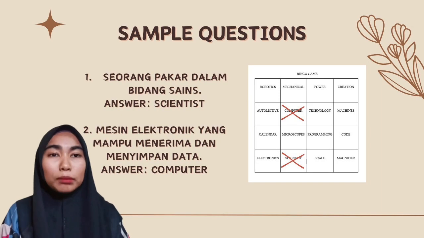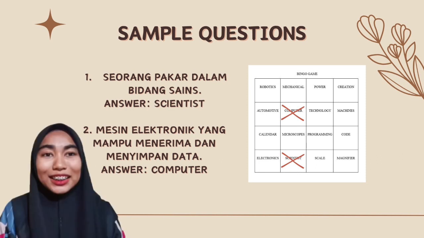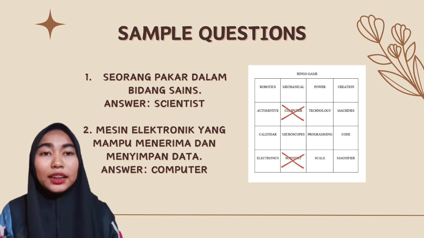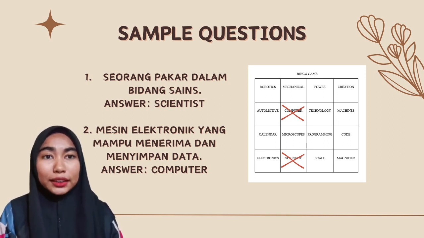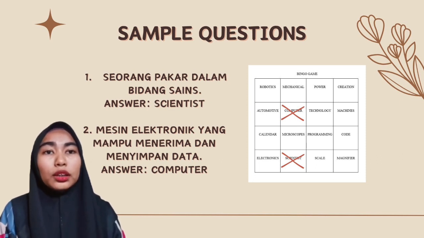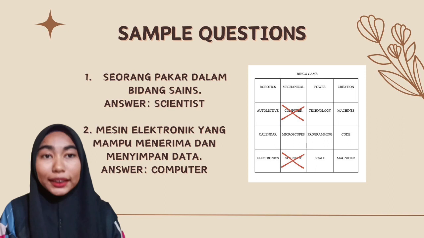Next, these are some sample questions for the description in the L1, or Bahasa Melayu. The first description is "seorang pakar dalam bidang sains", and the answer is scientist. So the students will have to cross out the boxes which contain the word scientist.